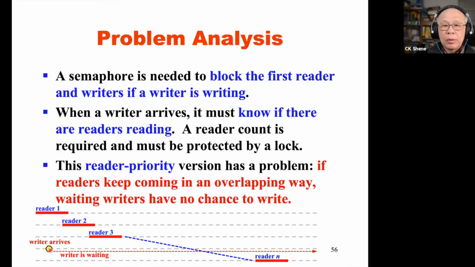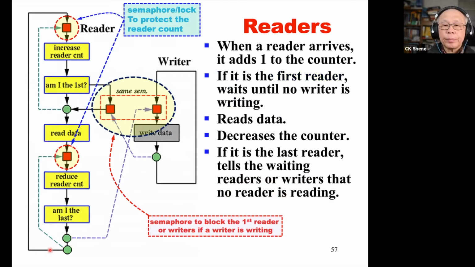So let's analyze this. Now, I divide this discussion into multiple slides. Each slide illustrates one subtlety. As we mentioned, when a reader comes in, it has to add 1 to the reader count, indicating one more reader.